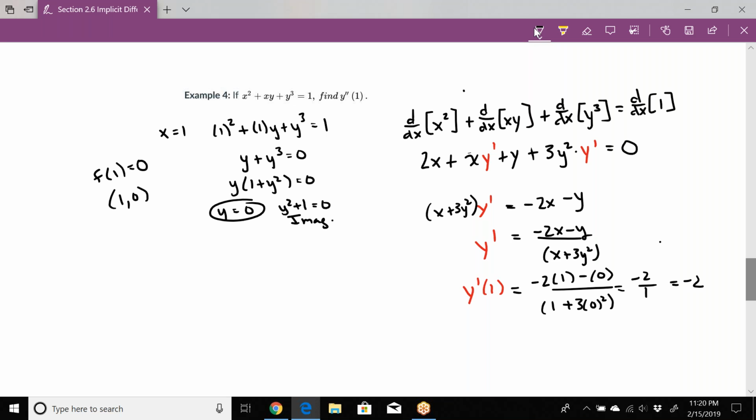So now I know that y prime of 1 is a negative 2. And that'll help me on that second and final derivative that I'm about to take. So I'm going to write that a little clearer. So here's what I know so far. When you plug in x equals 1, you get a y of 0. And in the first derivative, y prime of 1 equals negative 2.